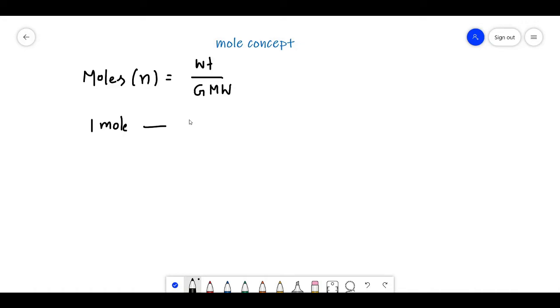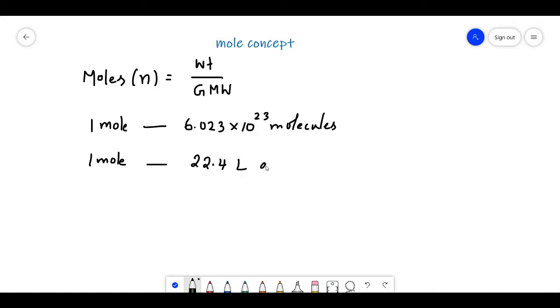So I am writing Avogadro number as 6.023 into 10 to the power of 23 molecules. You have to remember this. And at the same time, 1 mole of any gas at STP is equal to 22.4 liters.